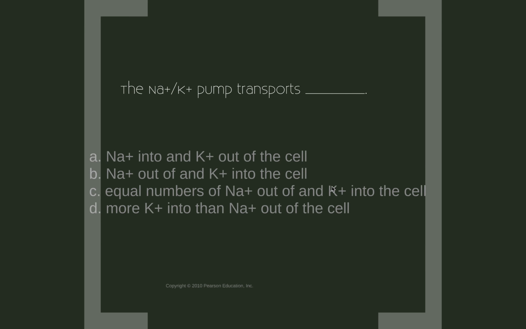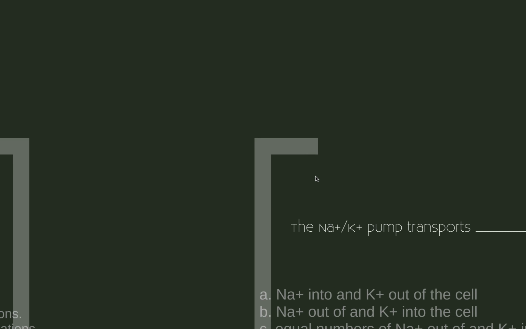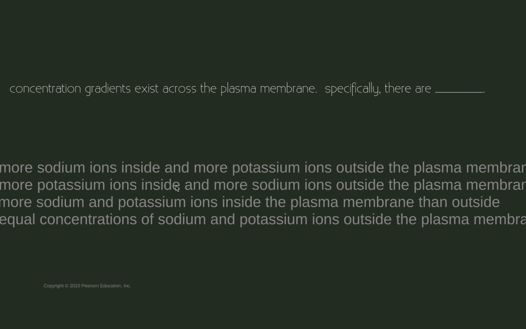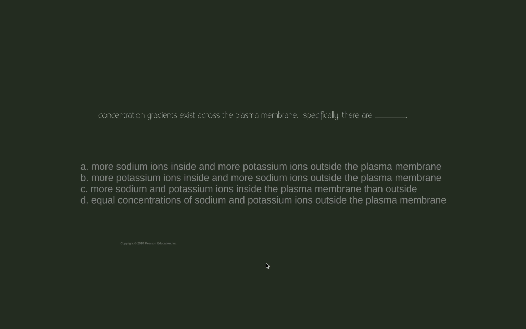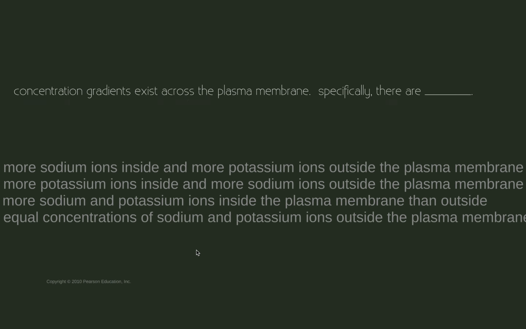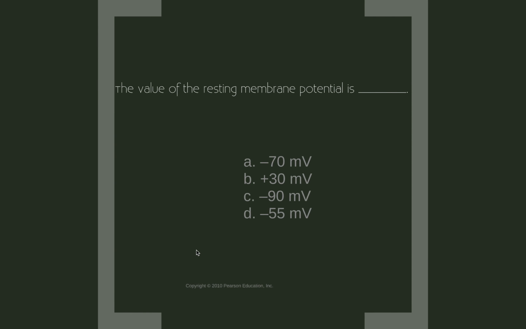The sodium-potassium pump transports sodium out and potassium into the cell. And concentration gradients exist across the plasma membrane. Specifically, there are more potassium ions inside and more sodium ions outside the plasma membrane. And the value of the resting membrane potential is about -70.